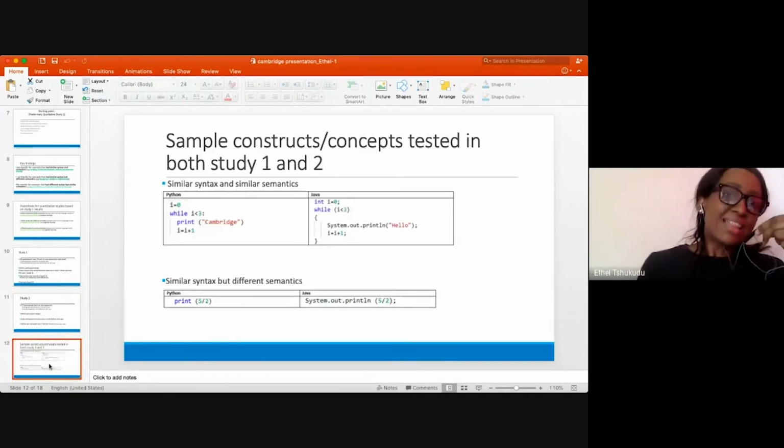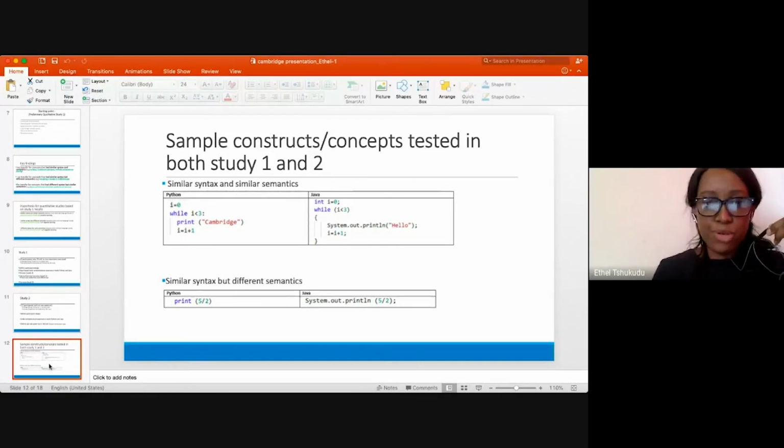So these are examples of exercises the students were given. When I talk of similar syntax and similar semantics, I talk of a while loop. You can see the keywords there. There is the similarity in the print there.